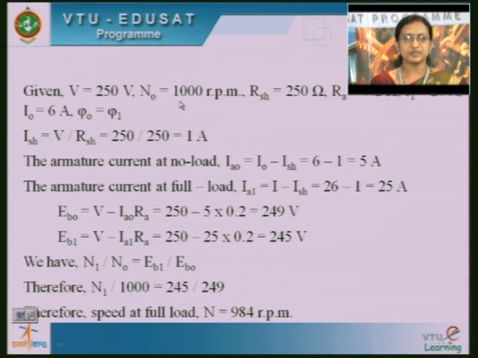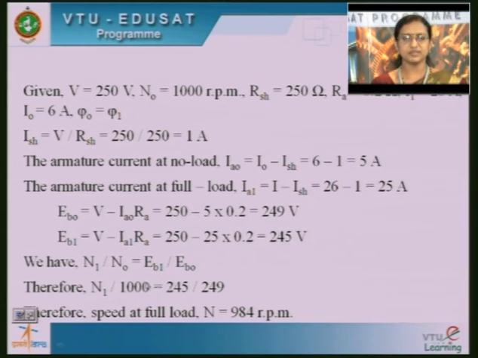So, no load speed is mentioned, the only unknown is the speed at full load. So, we have the equation N2 divided by N1, which is equal to EB2 divided by EB1. Substitute the values: speed at full load divided by speed at no load is equal to back EMF at full load divided by back EMF at no load.